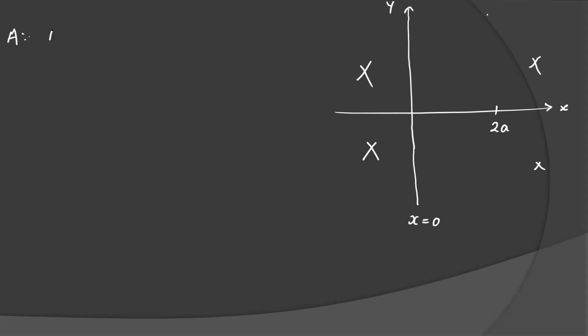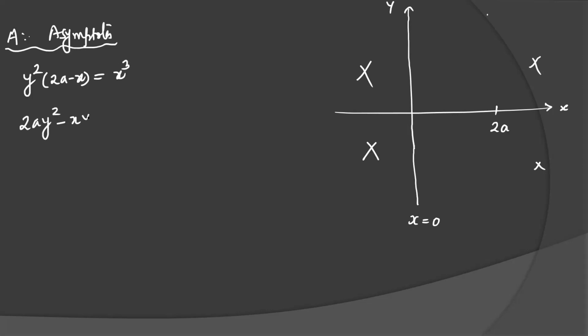Now, the asymptotes. The curve is y square into 2a minus x equal to x cube. It can be written as 2ay square minus xy square minus x cube equal to 0. Now, parallel to axis. First is parallel to the x-axis.